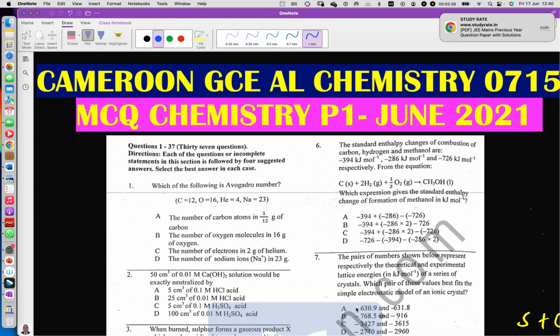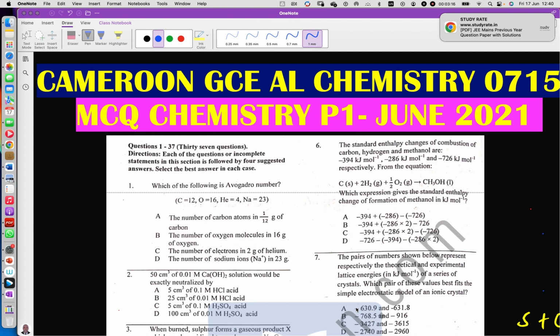The question says, which of the following is Avogadro's number? A, the number of carbon atoms in 112 gram of carbon. 112 gram of carbon is not 1 mole of carbon. B, the number of oxygen molecules in 16 gram of oxygen. 16 gram of oxygen is not 1 mole of oxygen. 16 gram is 1 mole of oxygen atom, and oxygen is diatomic.